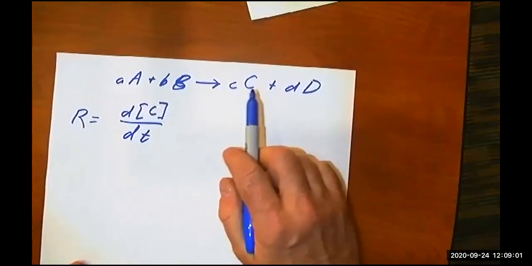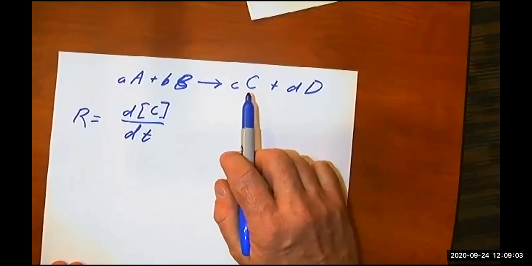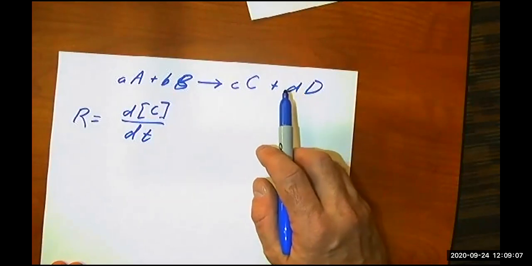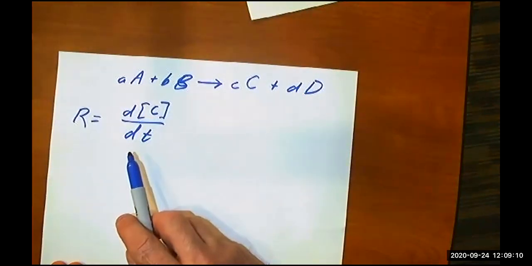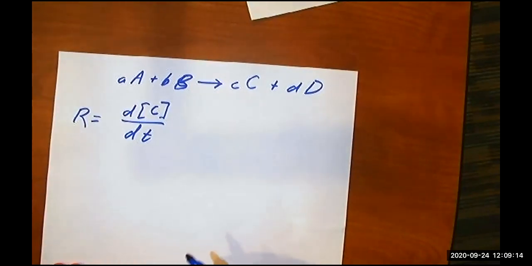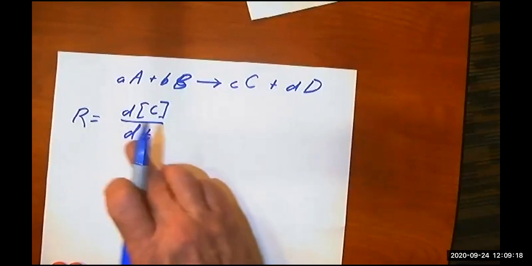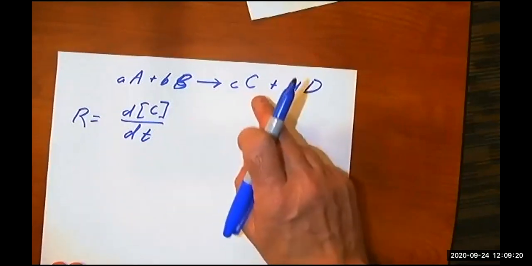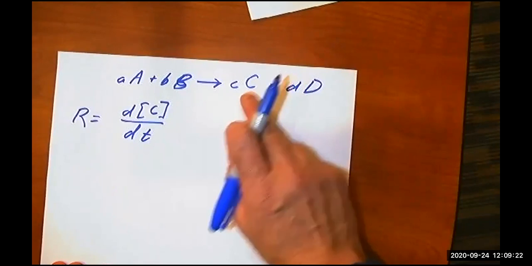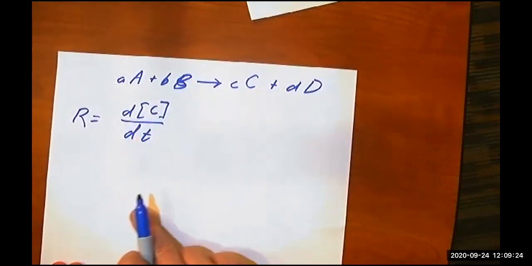Now, C is a product, so it is increasing in concentration as the reaction proceeds. And as the reaction proceeds, we would like for the rate to be a positive number. So we don't need to put a negative sign in front of this because an increasing C would be a positive rate, which is what we want.